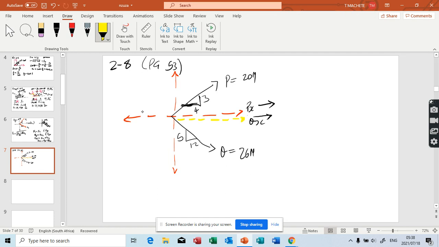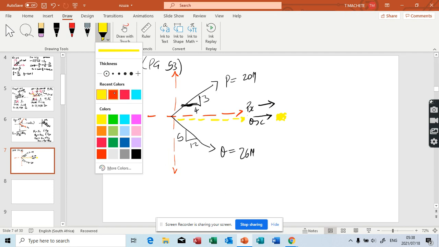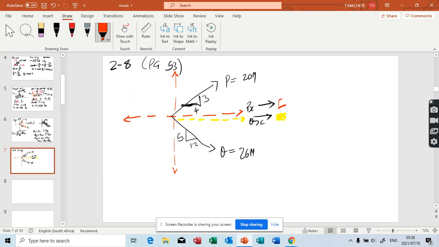This is our qx, yellow is for our qx. Let me write it there. And then the orange one is for this one. Do you see that?